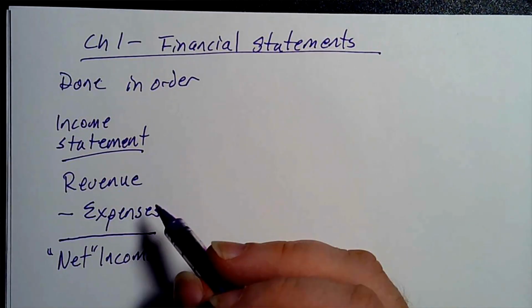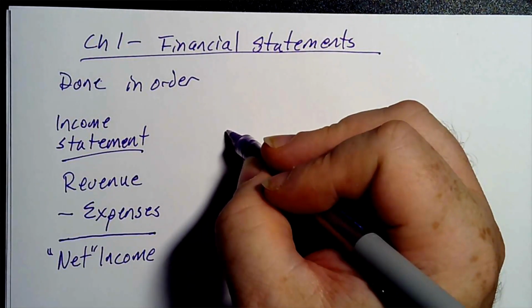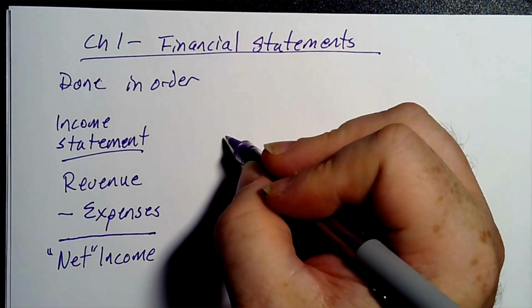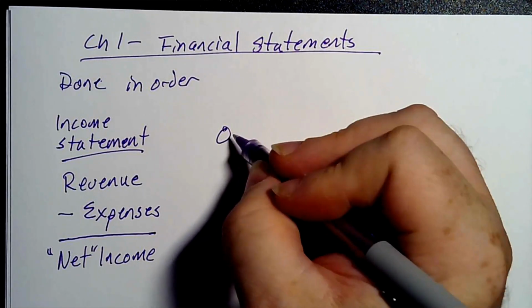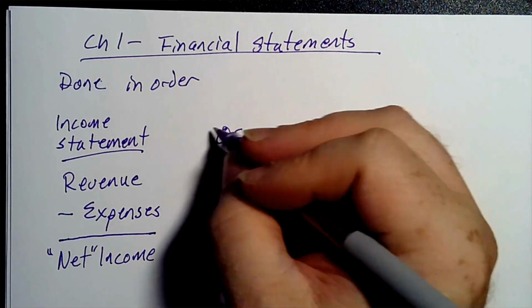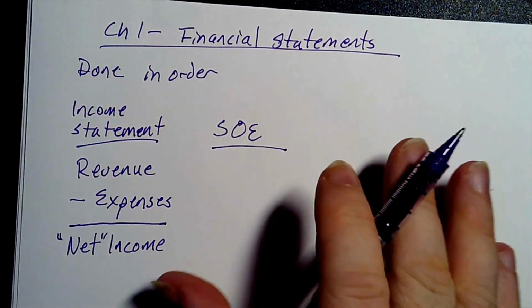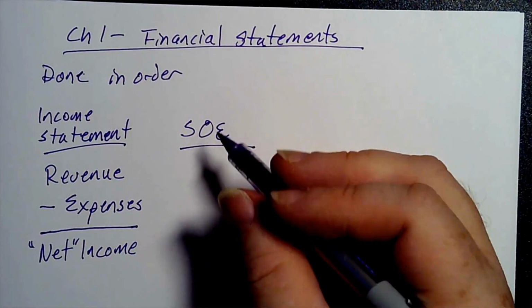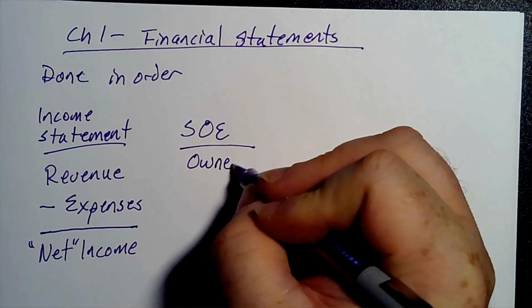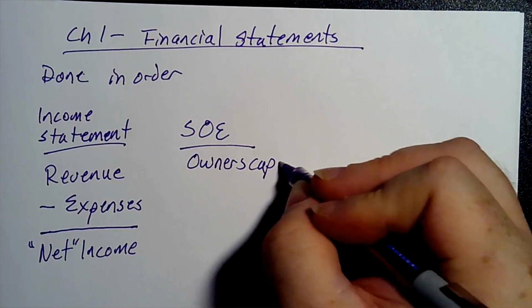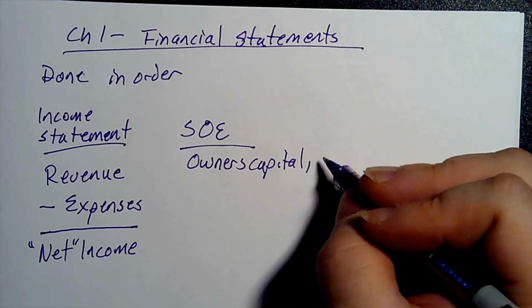We do this one first because we need to calculate net income. The second one is the statement of owner's equity. And what do you have? This is the owner's investment in the company. So we start off with the owner's capital at the beginning of whatever the period is, of the year, of the month, of the quarter.